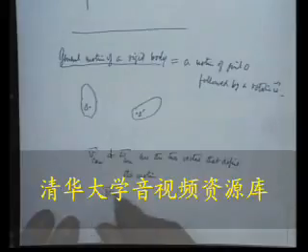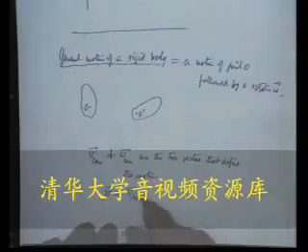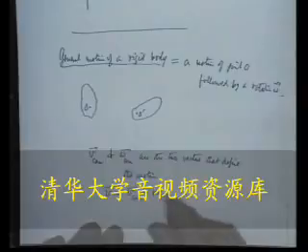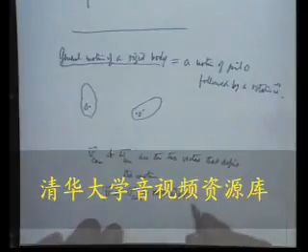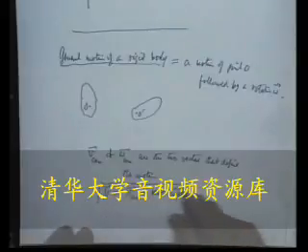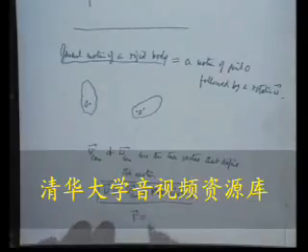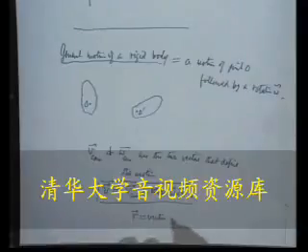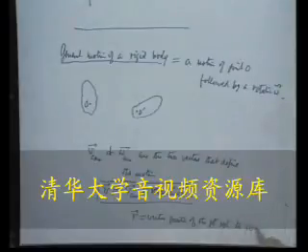And the velocity of any point is equal to the velocity of center of mass plus omega cross r. R is the vector position of the point relative to center of mass.